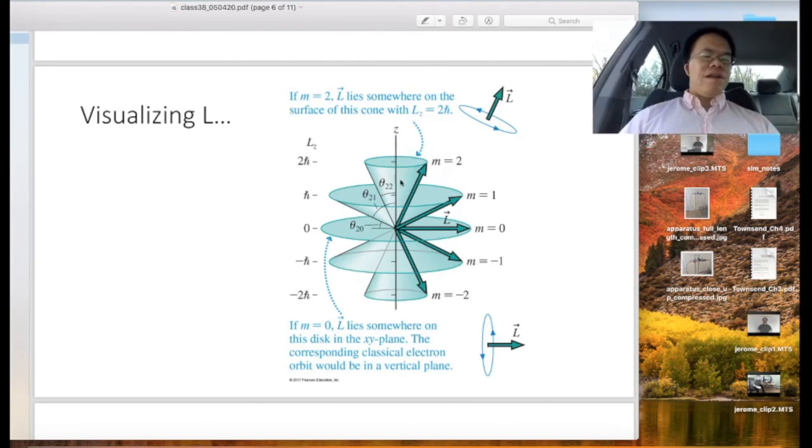And you can try to interpret this L in terms of the direction that a spinning particle would be orbiting in, but in quantum mechanics, we really need to be very cautious about saying that there's a particle orbiting, because as we'll see later on, we cannot say that the particle is in an orbit of any kind of fixed radius.